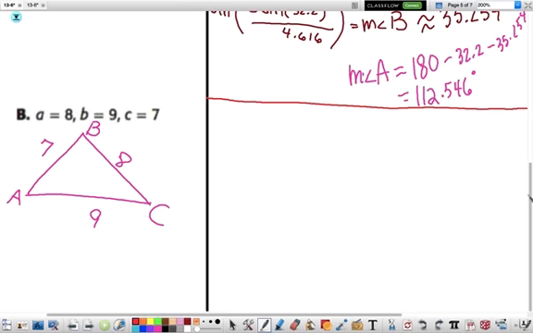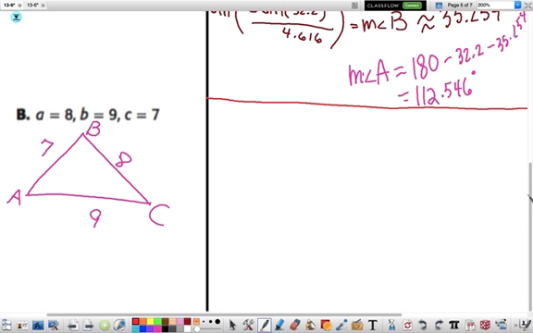Now I only have 2 unknowns to find using law of cosines, and that would be 2 angles. And then I can find the third one using triangle sum theorem. So pick which ones you want to do, it doesn't matter. We'll end up at the same answer. You tell me which ones you want to find.